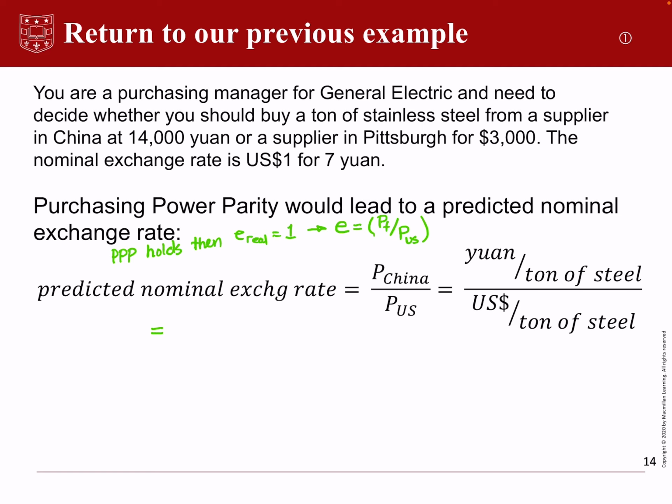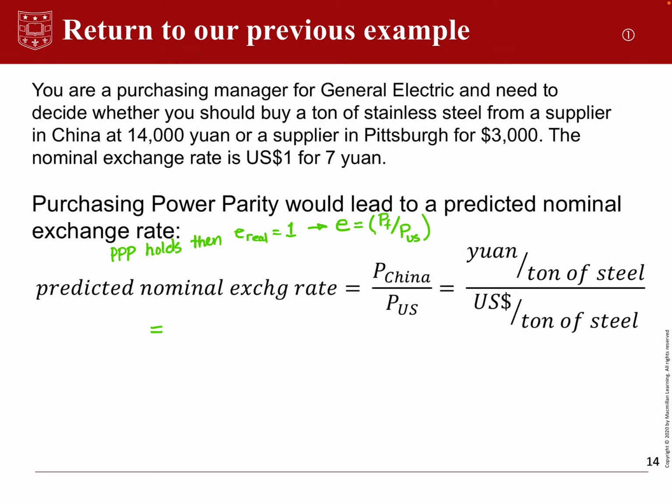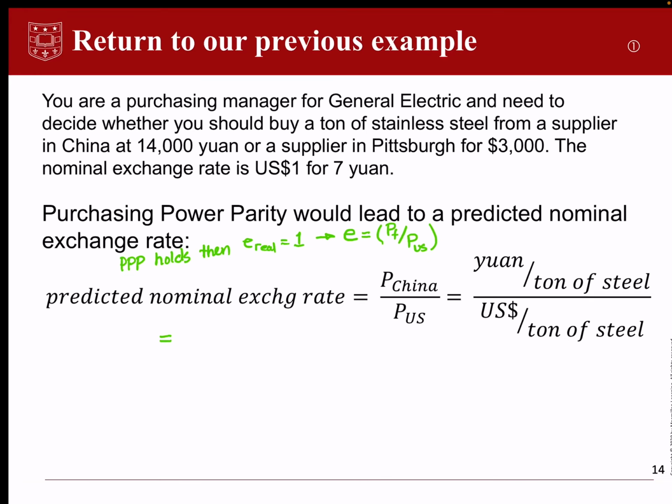Our predicted nominal exchange rate would be the yuan price of steel, which is 14,000 yuan per ton of steel, divided by the US price, which is $3,000 per ton of steel.